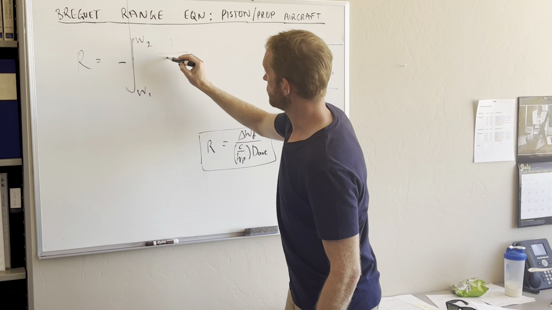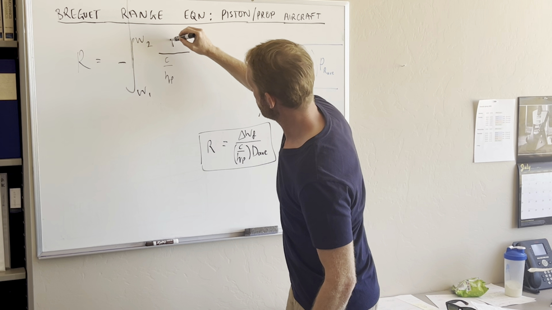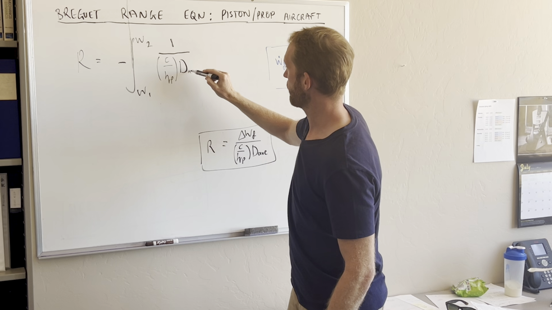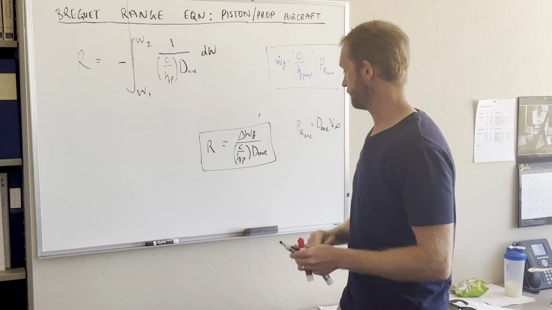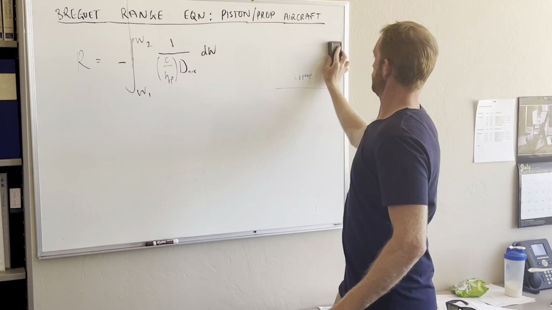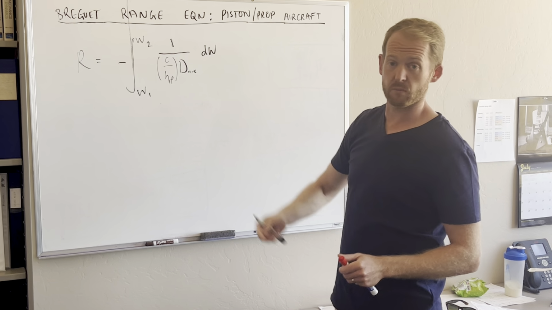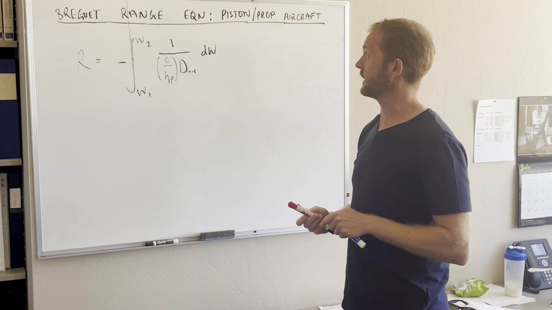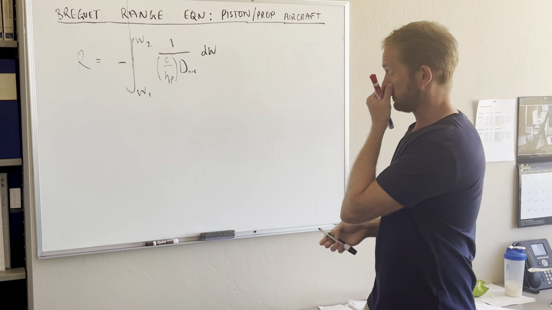So 1 over C over eta prop, D, integrated with respect to W. Okay. So that gets us started, and if we just perform this integral now, that should lead us directly to the Breguet range equation, specifically for a piston propeller driven airplane.